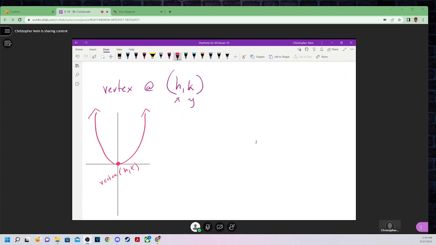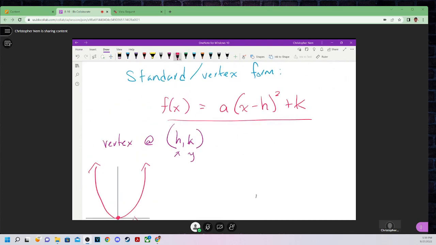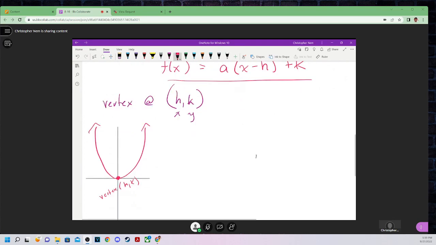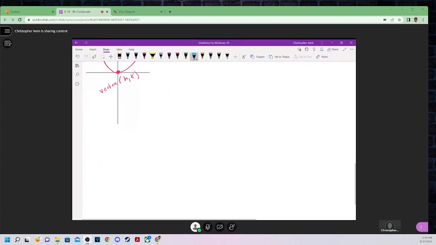Looking at this function form, you are required to tell me what the vertex is given standard form or vertex form. So, for example, suppose I gave you f(x) = 3(x minus 2) squared plus 1. Suppose I gave you this function.